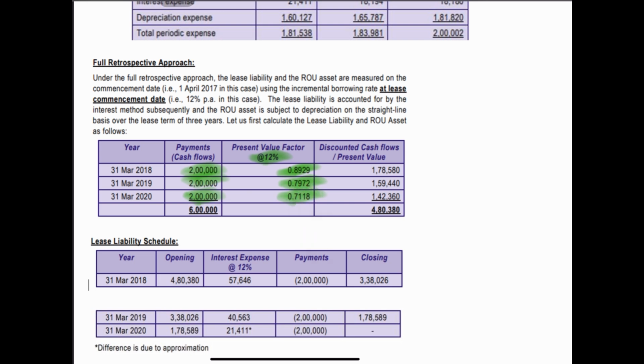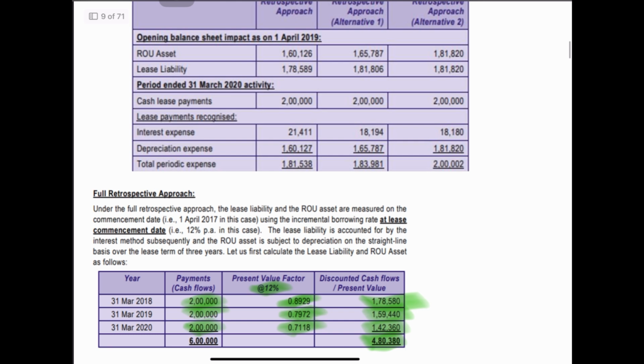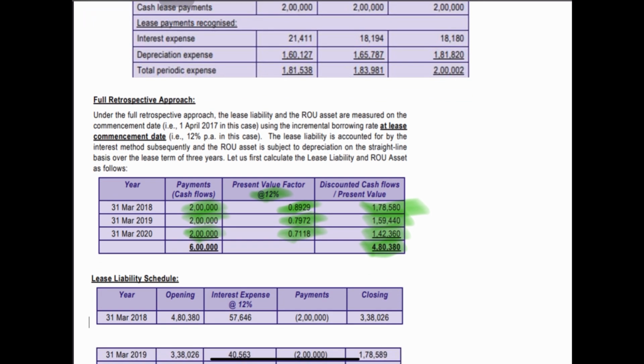So 200,000 multiplied by the present value factor gives 178, 159 and 142, altogether 480,380. This is the present value, the ROU asset and liability that should have been recognized under the full retrospective method. From 480 you can calculate the ROU asset, lease liability, depreciation, interest expense, everything.